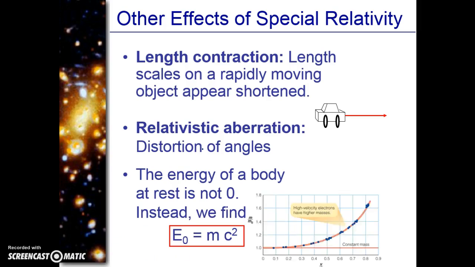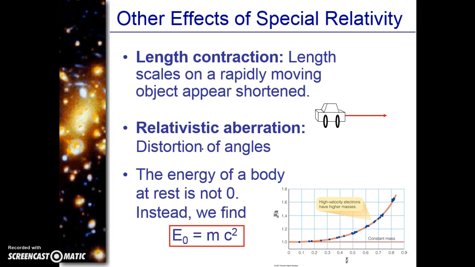You'll be able to find out the energy of a body at rest with the ever so famous equation that everybody knows, where E is the energy, m is the mass of the particle at rest, and c is the speed of light. So you'll be able to tell that even though it's at rest, it's not completely 100% still. It's not motionless. And this just shows you that high velocity electrons are going to have a higher mass. So as you increase the velocity, you're going to increase the mass as they're moving.